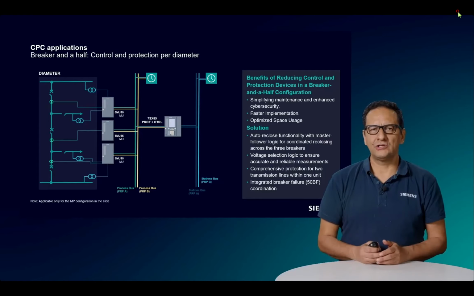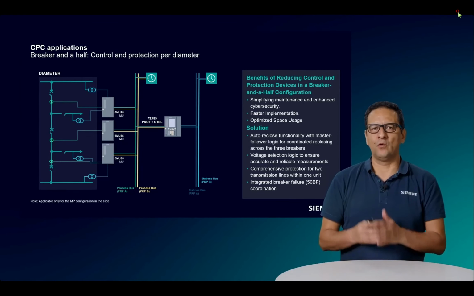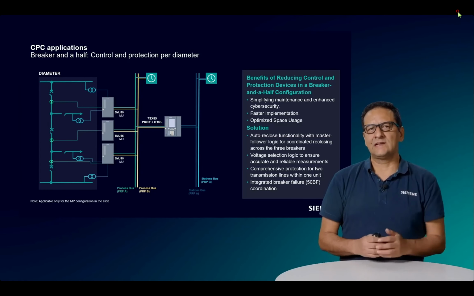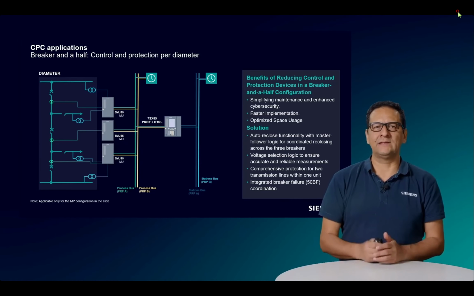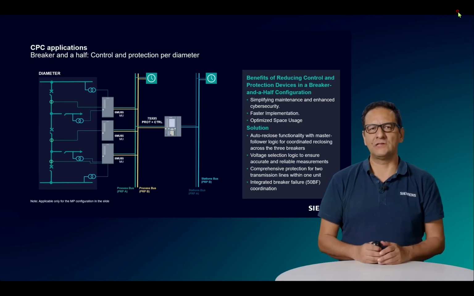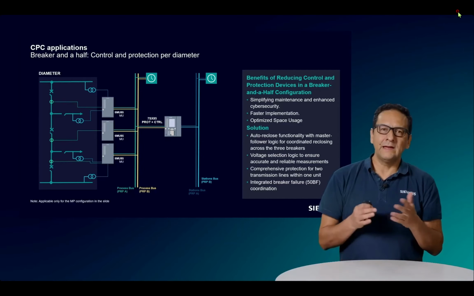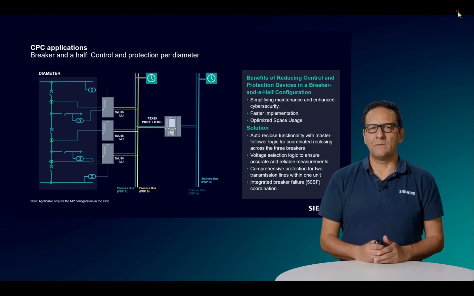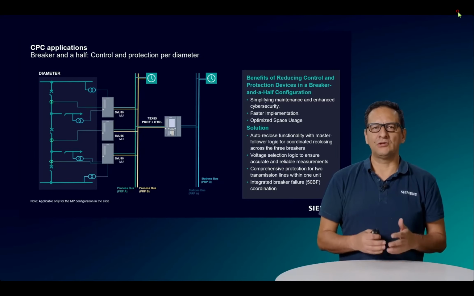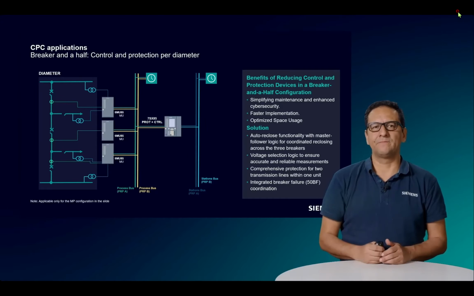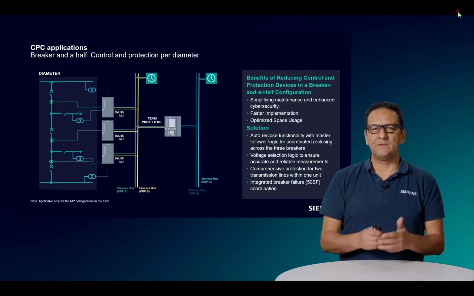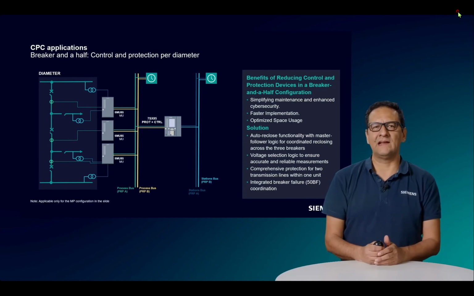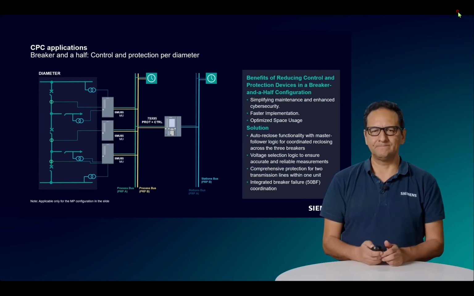Auto reclose logic with master follower setup for all 3 breakers. Voltage selection logic to ensure accurate and reliable measurements for the SyncroCheck application. Integrated breaker failure protection, 50BF, to simplify the system and improve response. Complete control and monitoring functionality for the full diameter. This approach reduces hardware and wiring, simplifies the architecture, and improves reliability and maintenance.